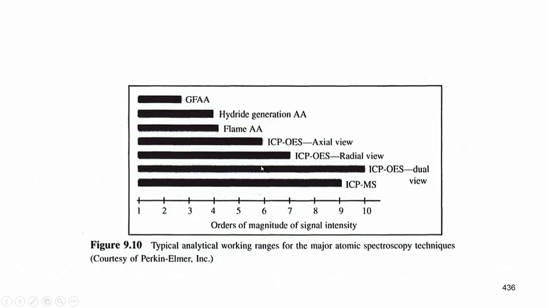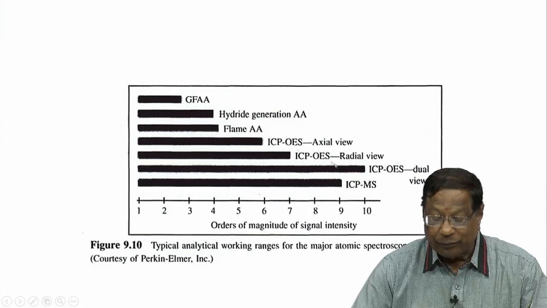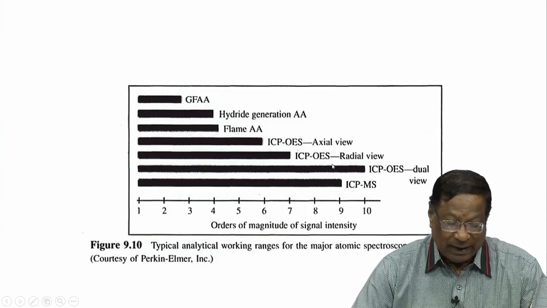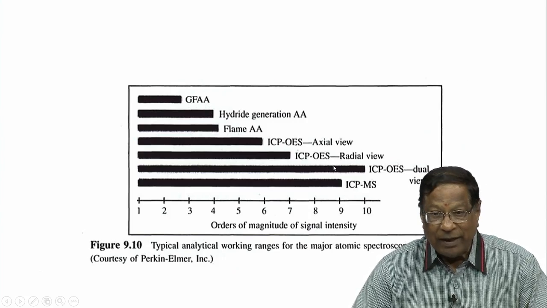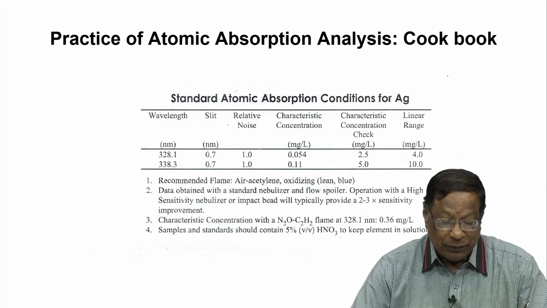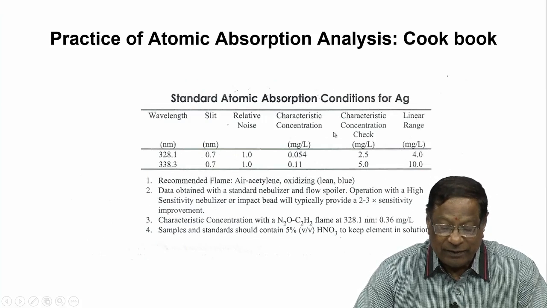So, this slide shows you the capabilities of signal handling in atomic absorption and other related techniques of elemental analysis, metal analysis. The next slide is similar, but it will show you the conditions.